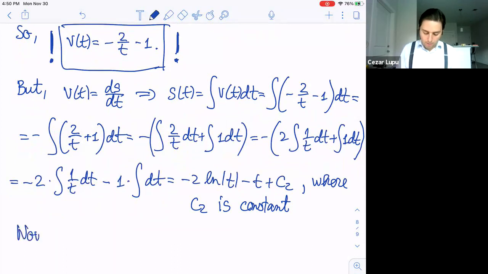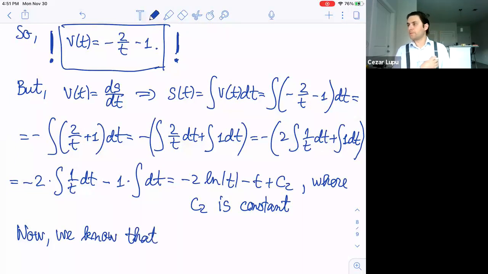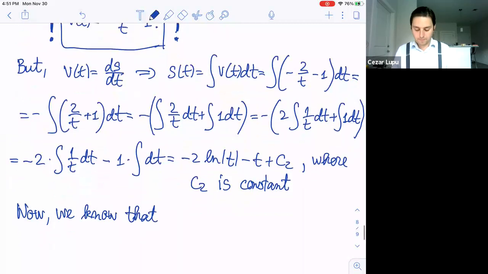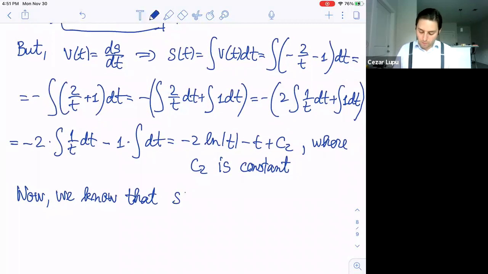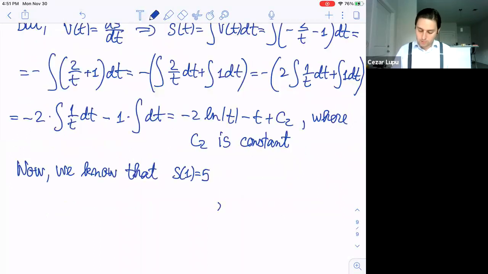So now, what do we know? We know that s of 1 equals 5. If we plug it in, we obtain that negative 2 times ln of absolute value of 1 minus 1 plus c2 equals 5.